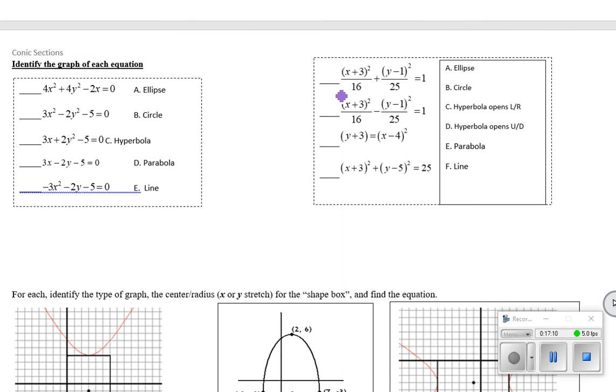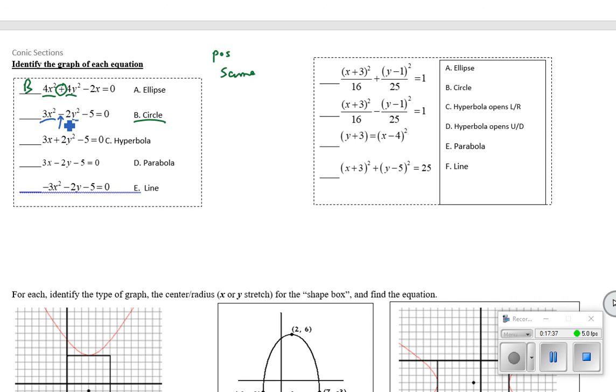Let's look at some more test questions. I have 4x squared and 4y squared, and they're both positive. What shape is that? If they're positive and the same, that is a circle. I have 3x squared and minus 2y squared.